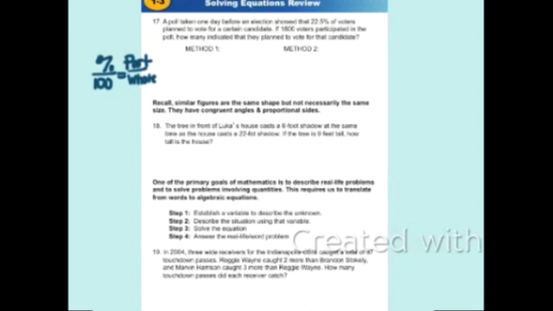So taking a look at the important information, we were given the percent: 22.5% of voters plan to vote for a candidate, and if 1,800 voters participated, so this 1,800 represents the whole number of people that voted. This 22.5 is the percent, and we are looking for the part that planned to vote for this candidate.